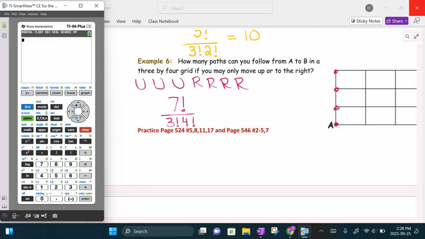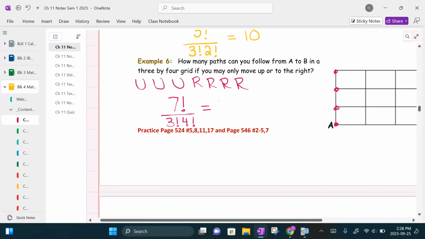All right, so 7 factorial divided by 3 factorial 4 factorial. So you're trusting that this crazy math works, but I will prove it to you.